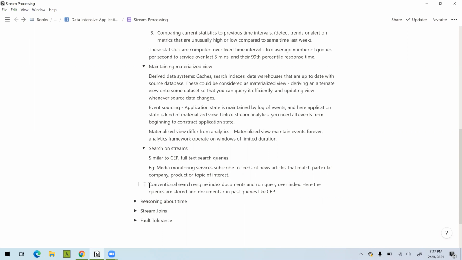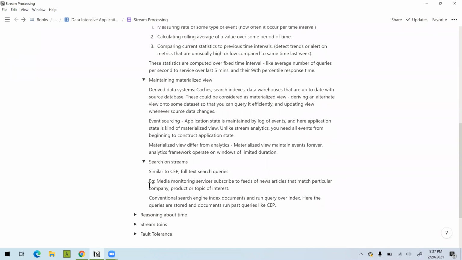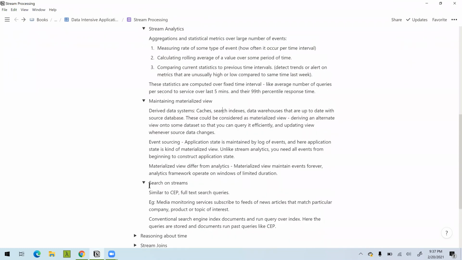Whereas here, your search query is stored permanently in the database and the stream of documents is matched against that query, very similar to what we discussed in complex event processing.